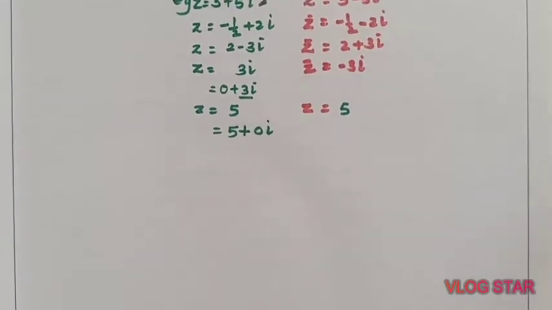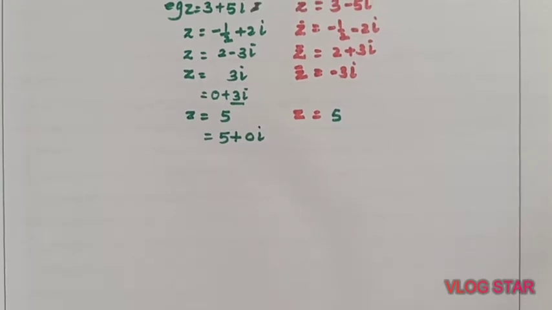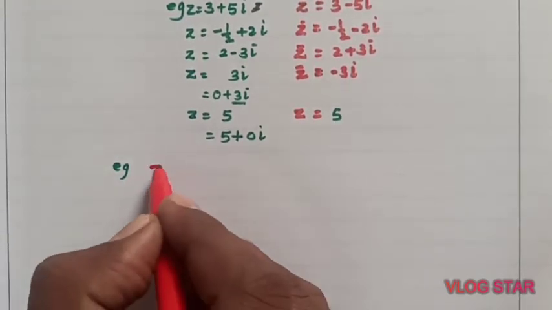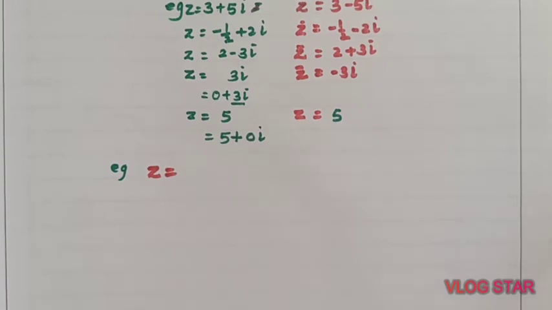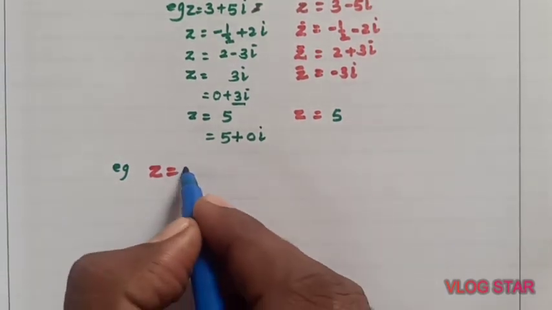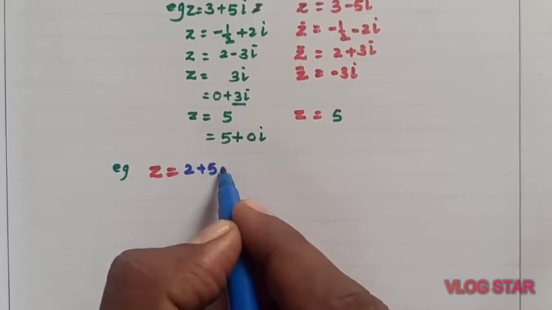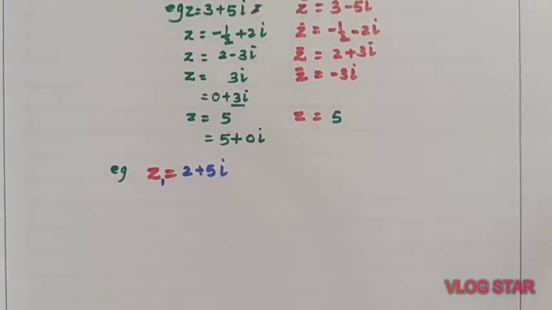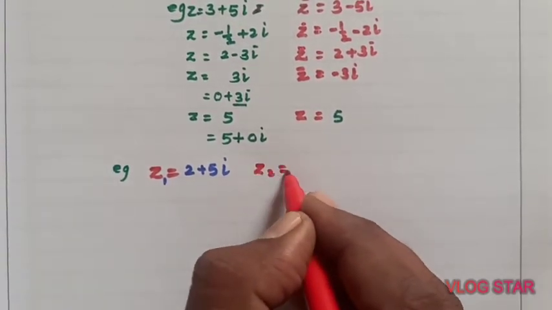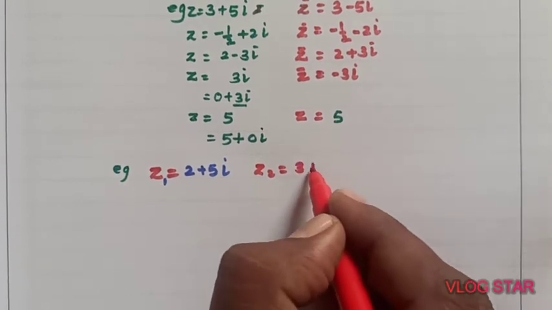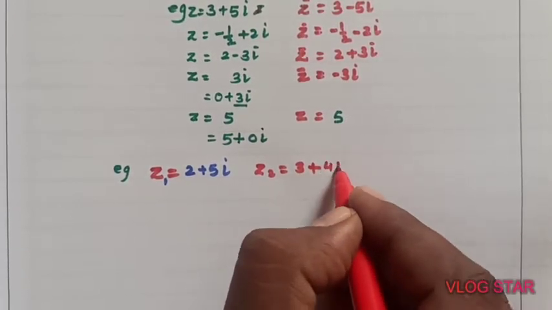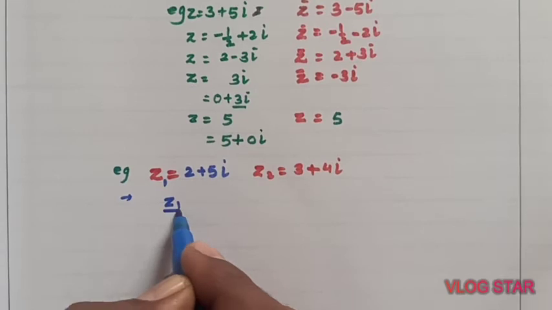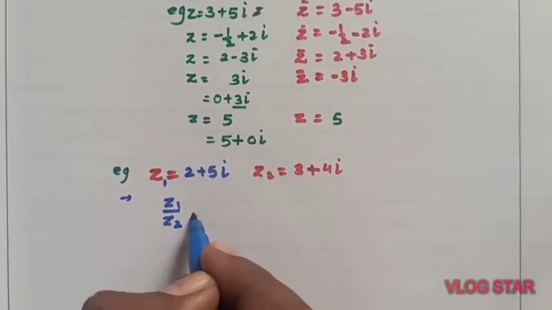So by making use of this concept, we can divide two complex numbers. Suppose you have an example: the first complex number z1 is 2 plus 5i and another complex number z2 is 3 plus 4i, and you want to find z1 by z2, the ratio.